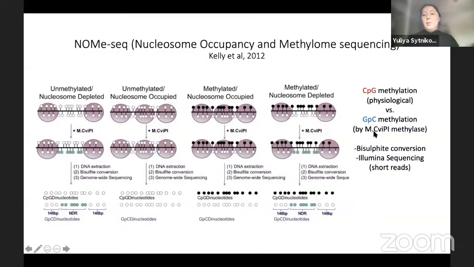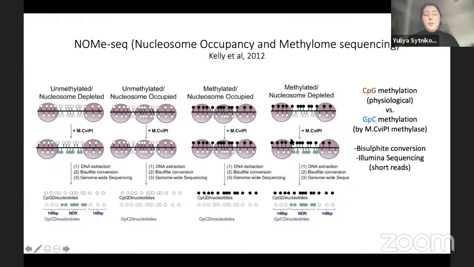It is the so-called M.CviPI methylase, and basically by treating nuclei with this methylase, followed by DNA isolation, bisulfite conversion and sequencing, one could infer at the same time CpG methylation as physiological methylation, and GpC as a proxy for chromatin accessibility.